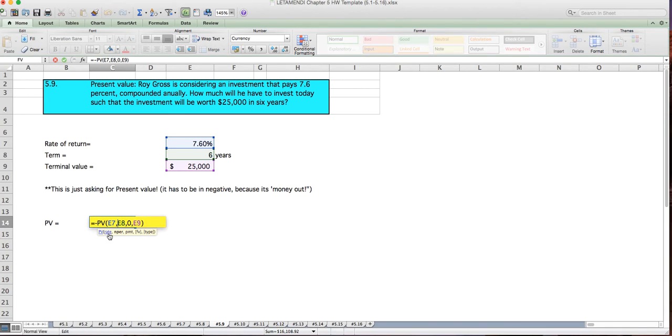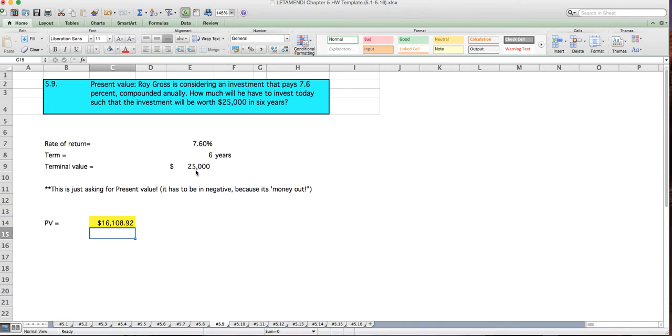It's going to ask us for the rate, so we click on 7.6, comma, the number of periods, which is 6 years, we click on that, comma, 0 for the payment, comma, and then the future value, which is the same thing as terminal value, that. And then when you do that, you get $16,108.92. Okay.